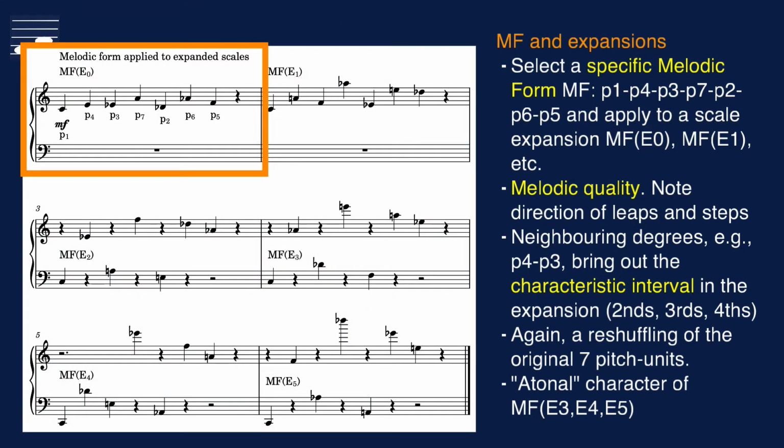A melodic form may be applied to any tonal expansion, a process illustrated here in staff notation. The pitch order is P1, 4, 3, 7, 2, 6, 5, and when applied to the previously derived expansions, we get the ordered series starting here with the case of E0.